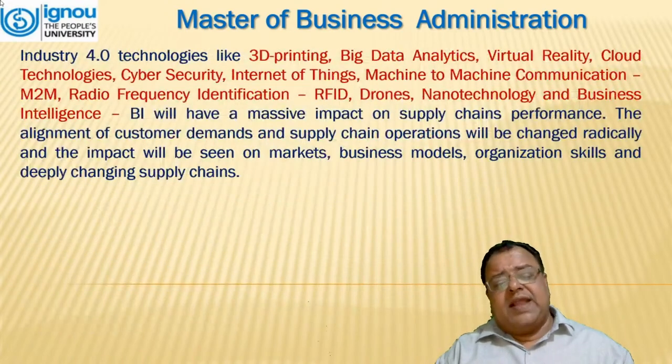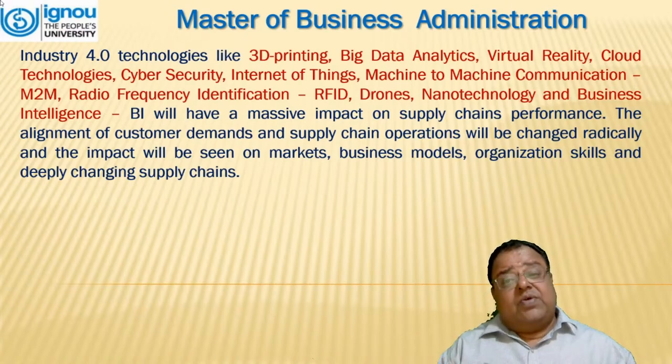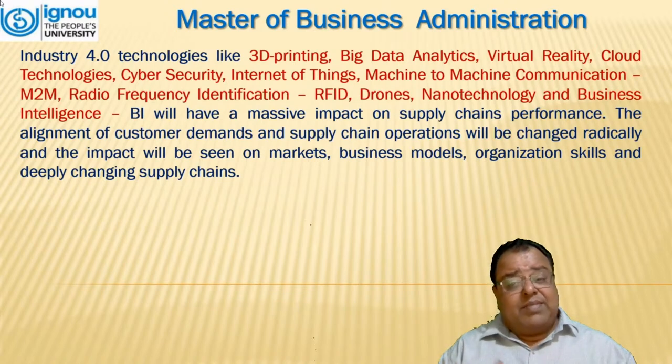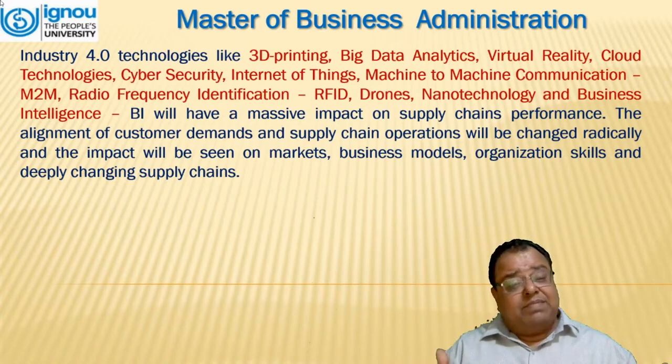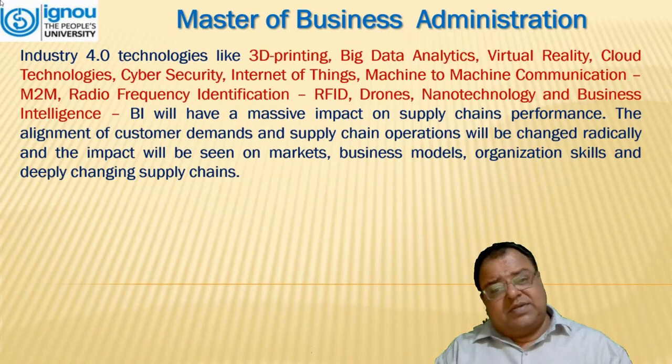Industry 4 technologies like 3D printing, big data analytics, virtual reality, cloud technologies, cybersecurity, Internet of Things, machine to machine communication, radio frequency identification, drones, nanotechnology, and business intelligence will have a massive impact on supply chain performance.